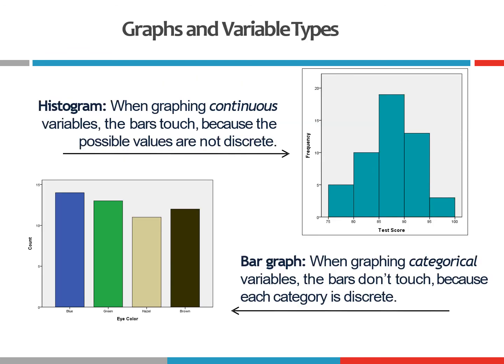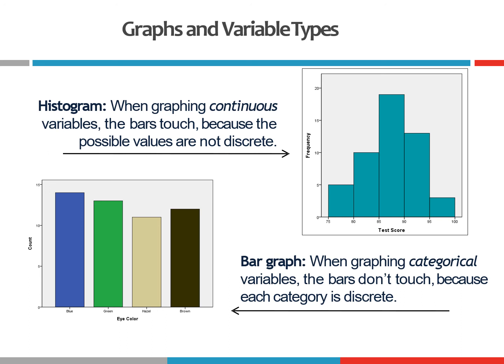We also use different types of graphs depending upon the kind of variable that we're talking about, right? So say that you are graphing a continuous variable, so a variable that falls on either a ratio or interval scale. When you graph those variables, the bars are going to touch because the possible values are not discrete, okay?